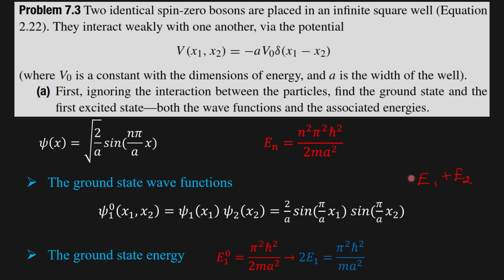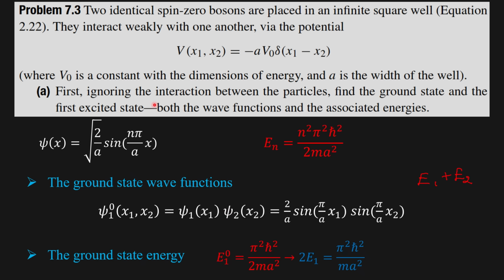Both are at ground state, so this will become 2 times E1, and this 2 and this 2 will get cancelled. You will get pi squared h cross squared over m a squared. So this is the ground state energy for non-interacting particles.